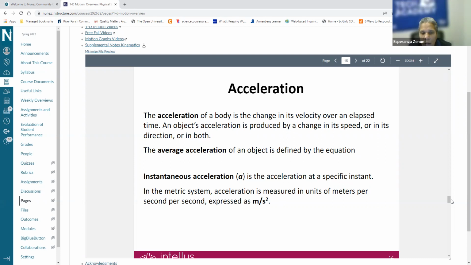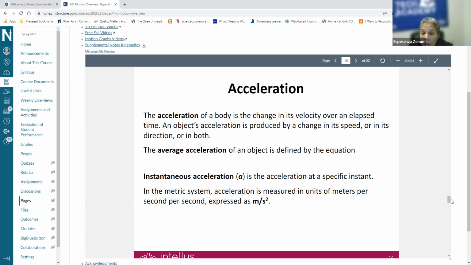Now the question becomes, how many different ways can an object accelerate? Well, for an object to accelerate, it could change its speed. Typically you say accelerate and decelerate. Those are terms that refer to an object changing its speed, speeding up or slowing down.